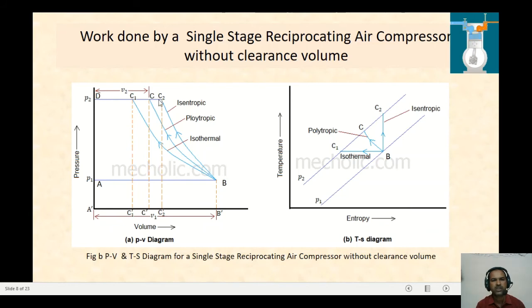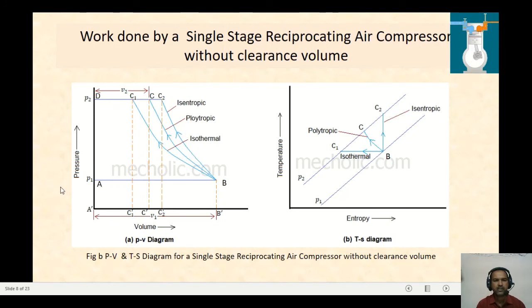Under these processes the work is going to be done, and from C1 to D, or C to D, what happens? The delivery stroke is going to occur. That is, from C2 to D the piston is moving from the bottom to top, so the volume is going to decrease, and the point D is where the compressed air is delivered and stored into a pressure vessel.